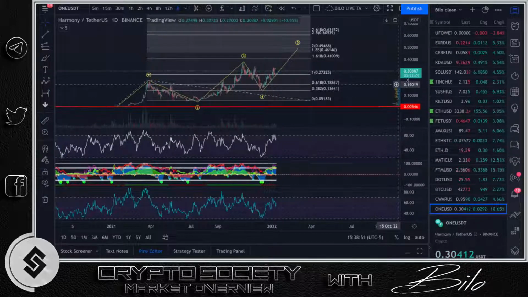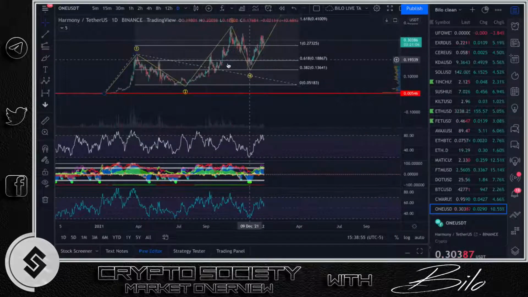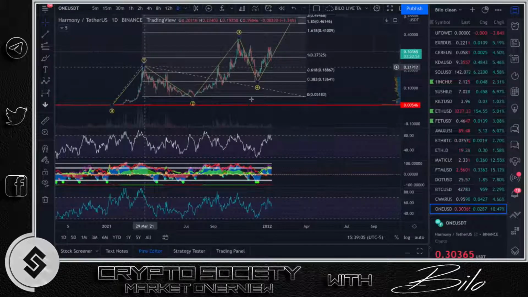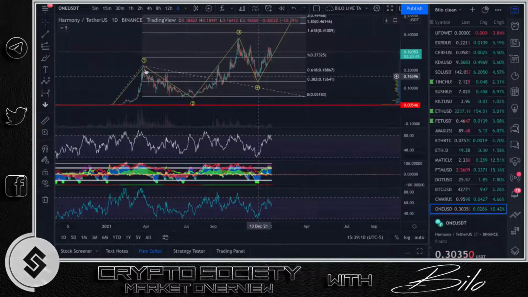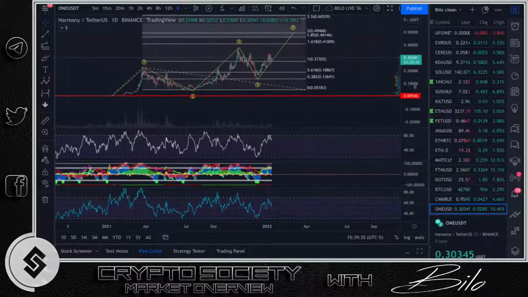Sorry, just looking at this a little bit further. Sure, no problem. The fact that we stayed below wave 1 for 10 days. In an Elliott wave, wave 4 can never drop below wave 1 unless it's in a leveraged market, and in a leveraged market it can drop for, let's say, a couple of days, or if you're in a diagonal.